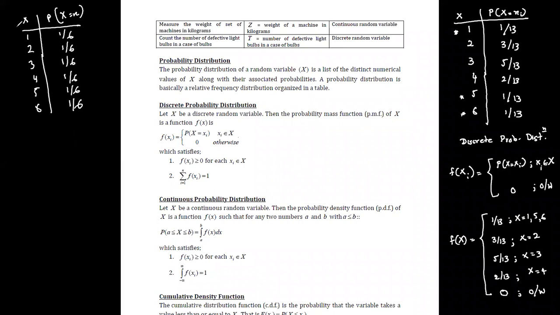Here we can see that all the values have the same probability. Therefore, this is our f(x): f(x) equals 1 over 6 for the values of x equal to 1, 2, 3, 4, 5, and 6, and 0 otherwise.